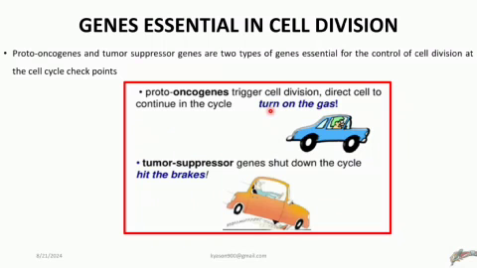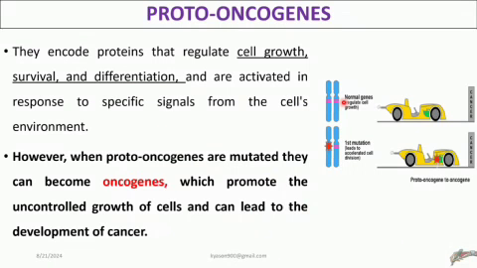Once you step on the gas, the car will accelerate. Once you step on the brake, the car will stop. These code for proteins that shut down the cell cycle, and these code for proteins that allow the cell to go through the cell cycle.